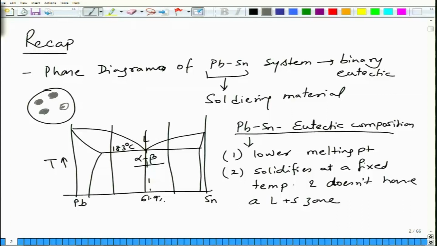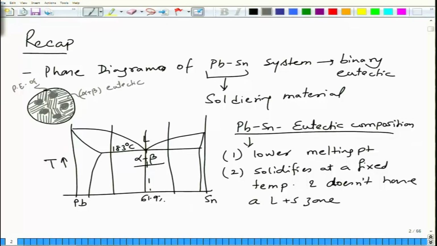So this is proeutectic alpha, and this is surrounded by the eutectic which has a lamellar structure like this. So this is alpha plus beta eutectic, and this is proeutectic alpha.